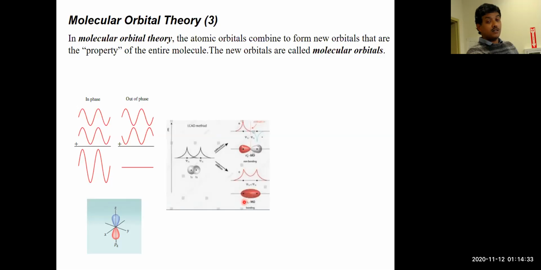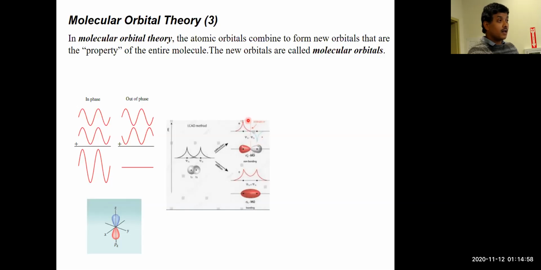And also, when you combine two atomic orbitals, you will form two molecular orbitals, because one is in phase interference between two waves of electrons, and one is out of phase interference between two waves of electrons. That out of phase interference results in oppositely signed waves coming across each other.